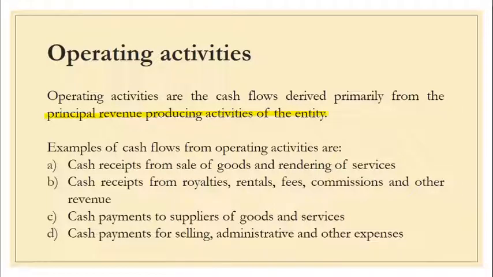Examples of which include your cash receipts from sale of goods and rendering of services, your cash receipts from royalties, rentals, fees, commissions, and other revenue, your cash payments to suppliers of goods and services, and your cash payments for selling, administrative, and other expenses.